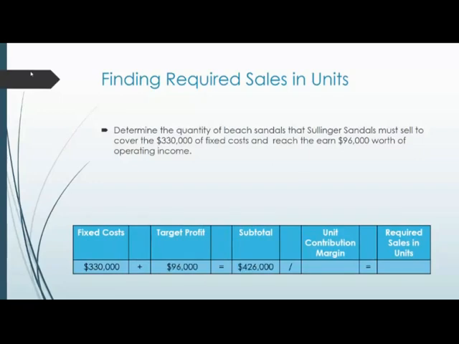Now we've got to come up with $426,000 in order to pay our fixed costs and have the amount of profit left over that we want. We divide that by our new unit contribution margin of $10 per sandal. Our required sales in units have jumped to 42,600. So now we've got to sell significantly more sandals because we have more costs to cover and we have less contribution margin for each pair of sandals.